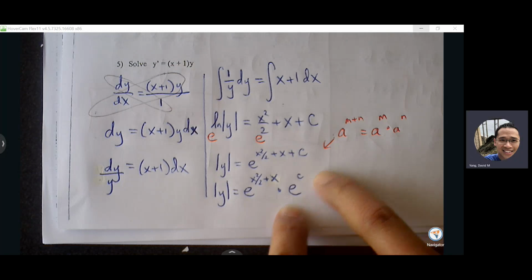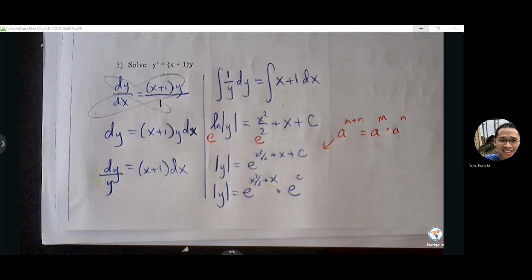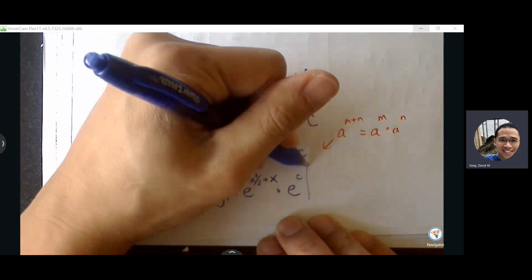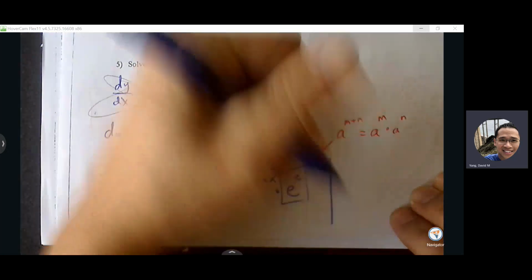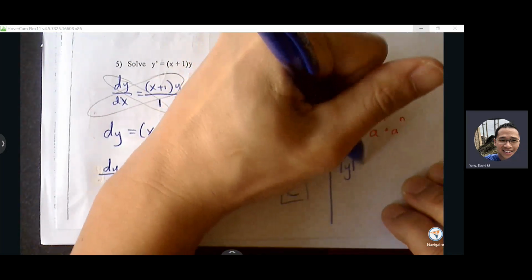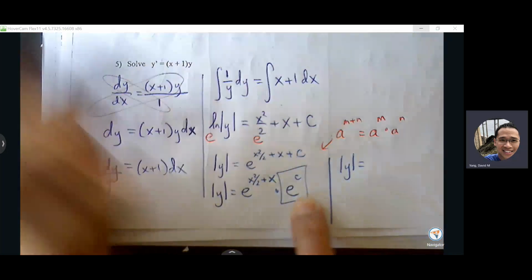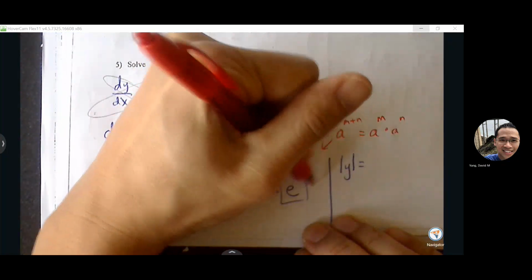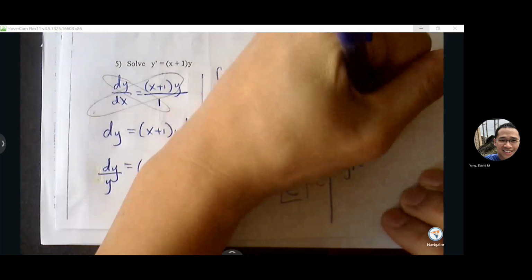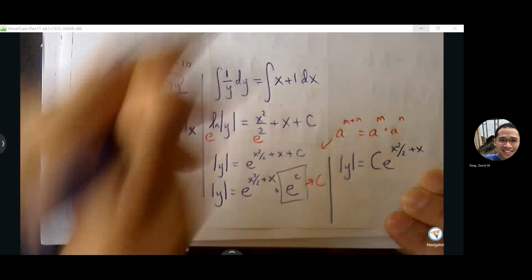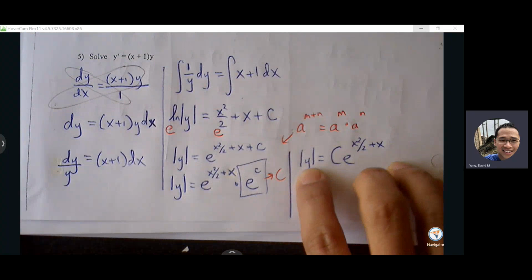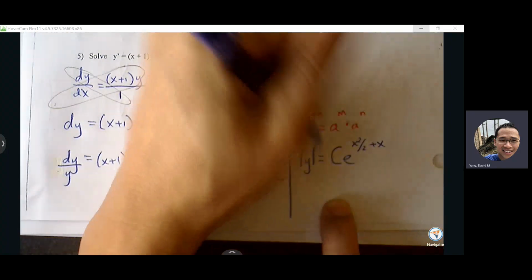All right. So now what can I do with that e to the c? It becomes just a c, but now it turns into a multiplication problem. So I'm going to leave that, turn it into a c, and I'm going to push it out in front. All right, final thing is I want to undo the absolute value.